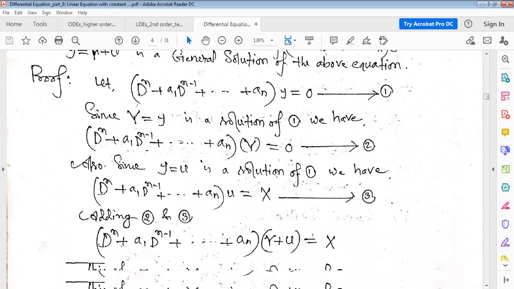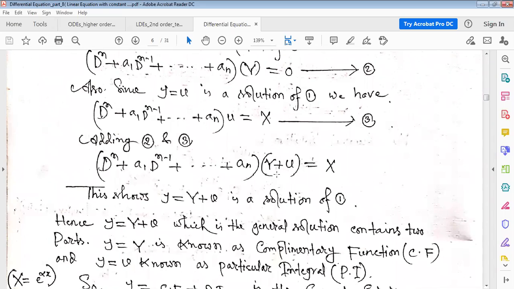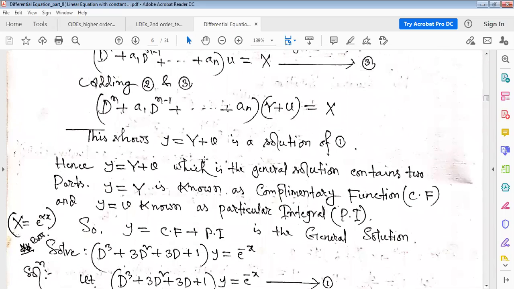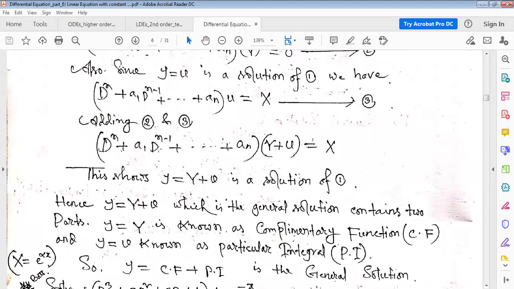And there is actually a proof for this. After solving this differential equation, there are two parts. One is the auxiliary part, another is the right hand side. So y equals capital Y plus b will be the total solution. There are two types: one part, y equals capital Y, is known as the complementary function, and y equals b is known as the particular integral.